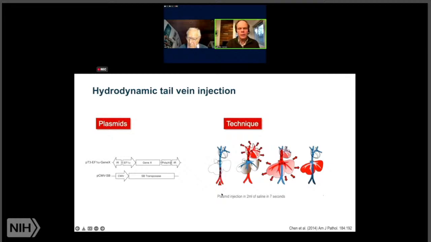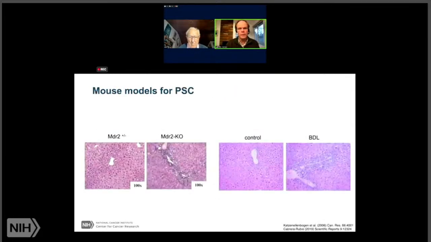Because we inject a relatively large volume in a short period of time, we can get a high transduction efficiency in the liver. These mice will express the gene of interest, in this case the oncogenes, and they will develop cholangiocarcinoma.